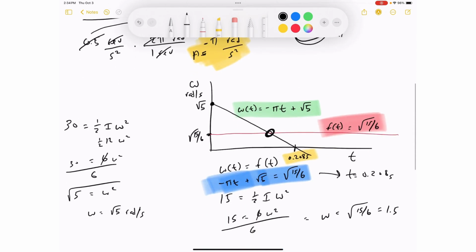Then we used these graphs, which I like to do, like position, velocity, acceleration, whether linear or rotational, because it helps me visualize what's happening. And then we used energy and rotation to figure out how long it takes to slow this thing down to where we halve the energy. All right, that's it.